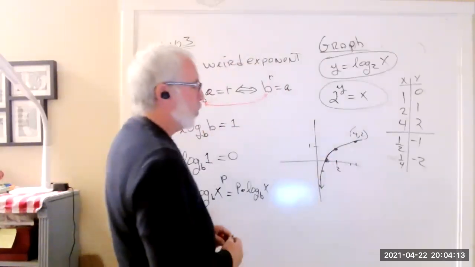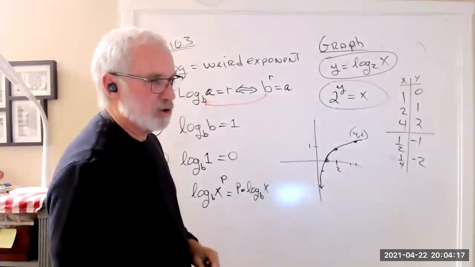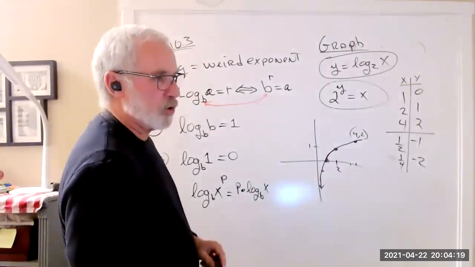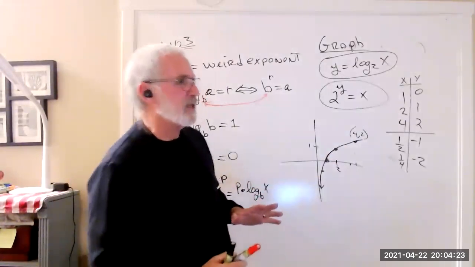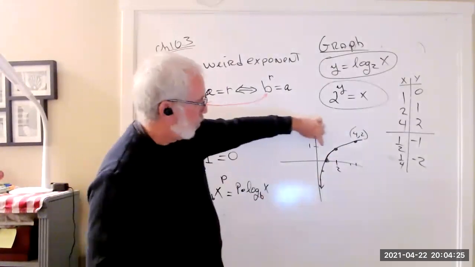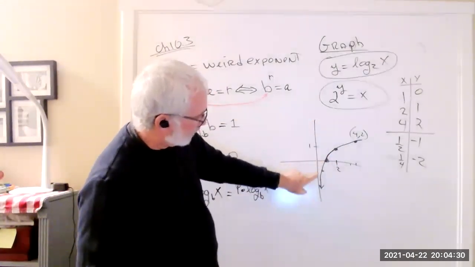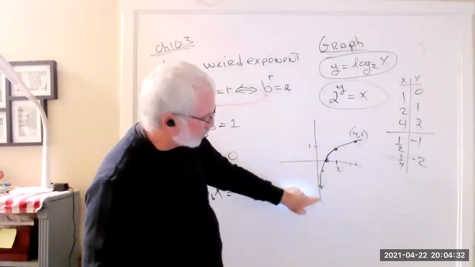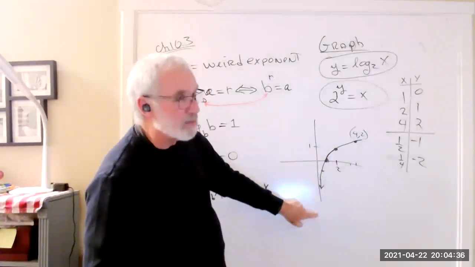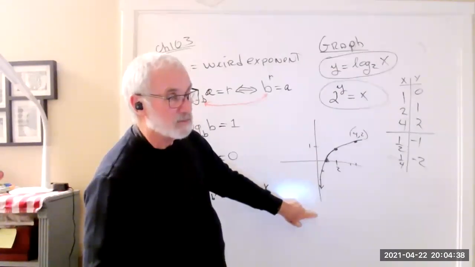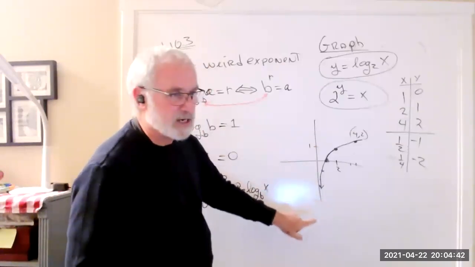Based upon our discussion of exponential curves, take a wild and crazy guess. What about this graph right here? As it comes down, will it ever touch the y-axis? No. Probably not. So in this case, the y-axis becomes its asymptote.